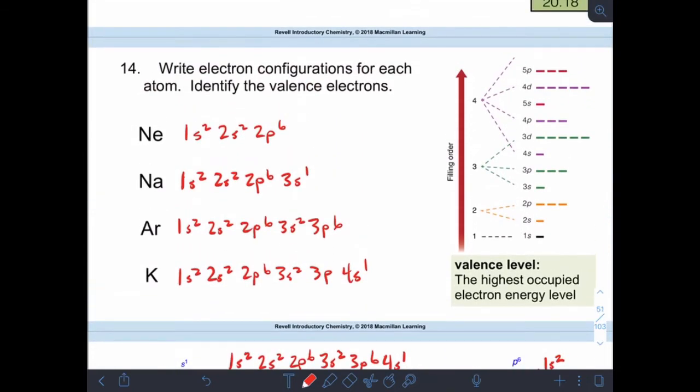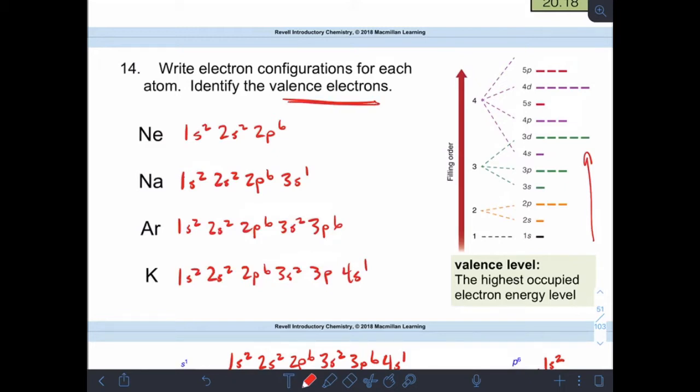Hopefully you got all of those, and if we take a look at our diagram on the right-hand side, let's note that our pattern of 1s, 2s, 2p, 3s, 3p, 4s1 all follows this same pattern. Just reading left to right across the table, we accomplish our pattern. Now, our question was to identify the valence electrons.